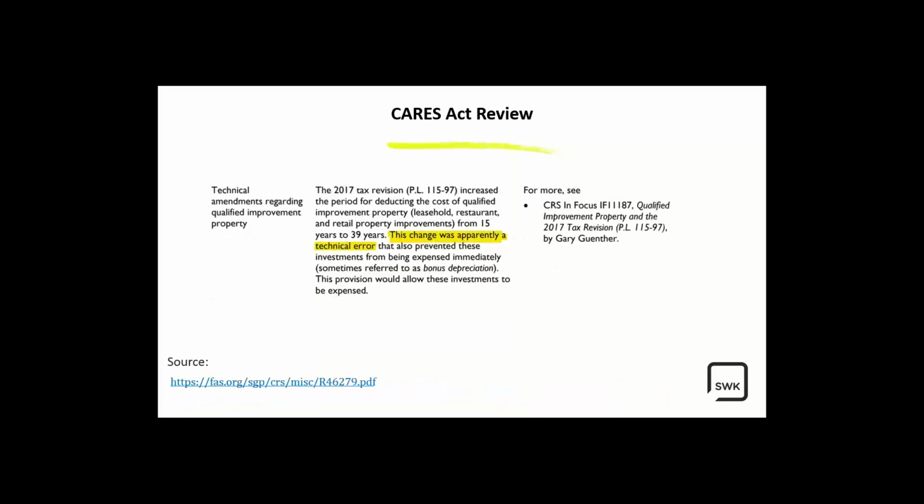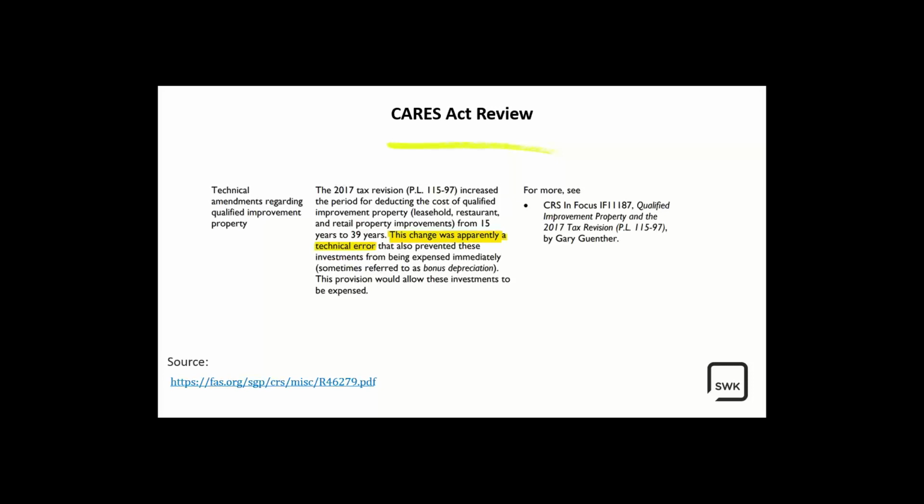I found this actual snippet from the CARES Act this March, which for a government document was very clear and easy to understand, that there was apparently a technical error that changed your ability to depreciate these over 15 years back up to 39 years.